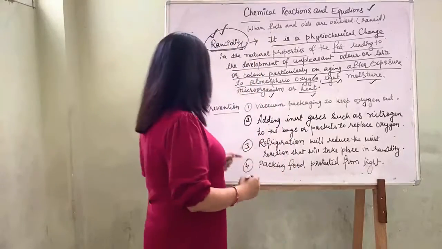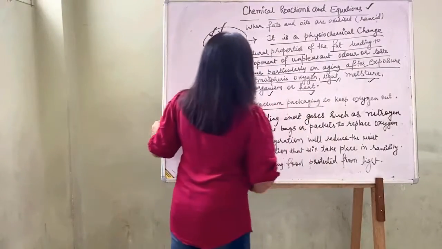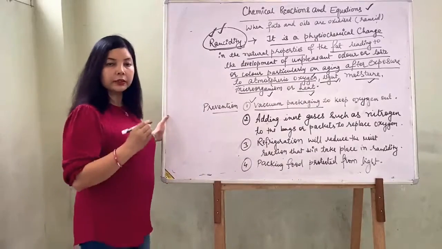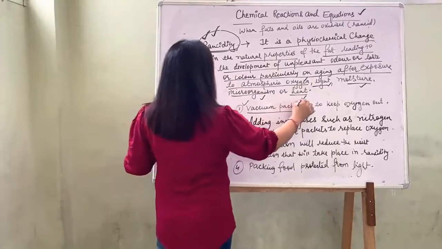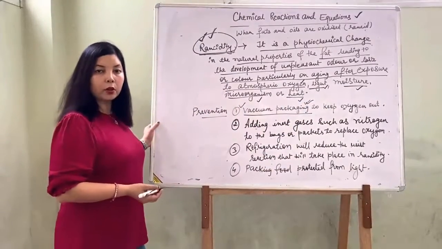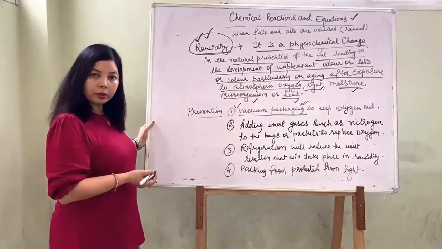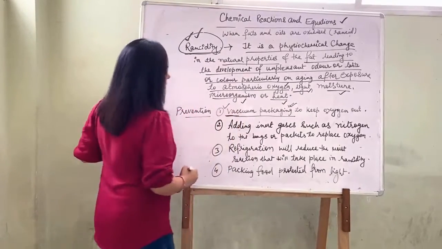For that, the first step that we should take is vacuum packaging. If we vacuum package substances that are likely to become rancid, then they can be protected from getting exposed to atmospheric oxygen, to humidity and all. So we can save them from becoming rancid.